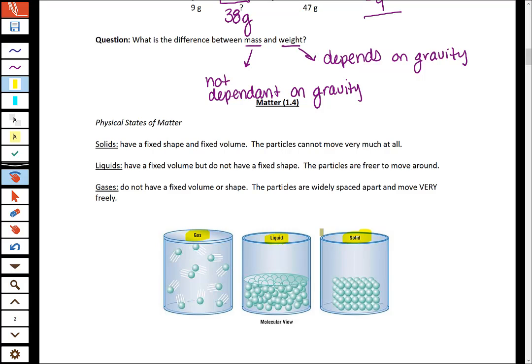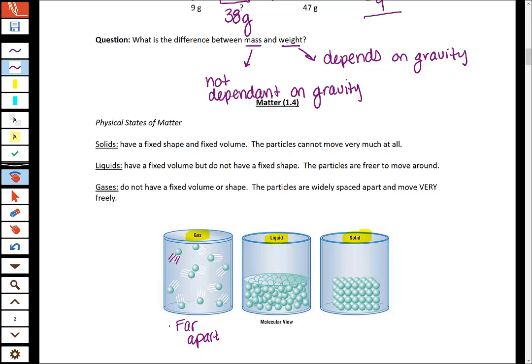And here are some pictures that show how atoms are arranged when we're looking at those three different states of matter. Notice how the gas molecules are far apart, right? So these are far apart, and this little line thingy is meant to indicate quite a bit of movement.